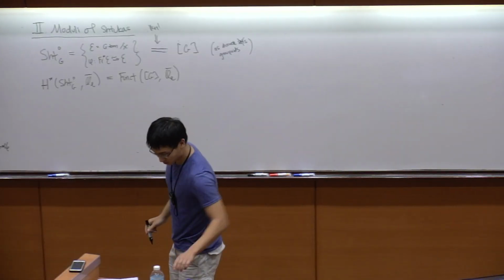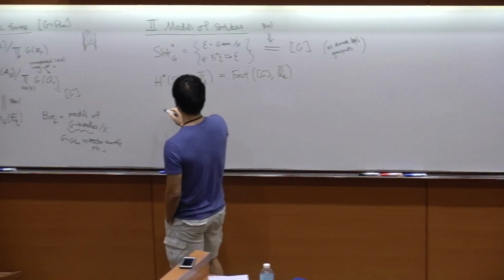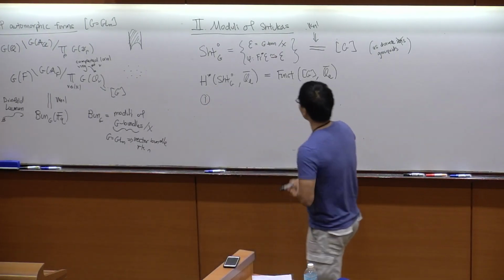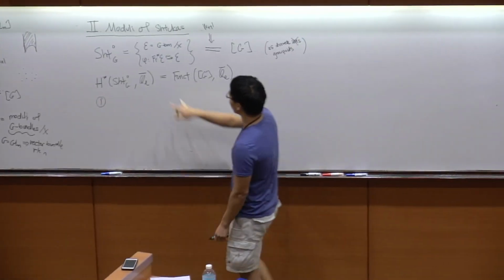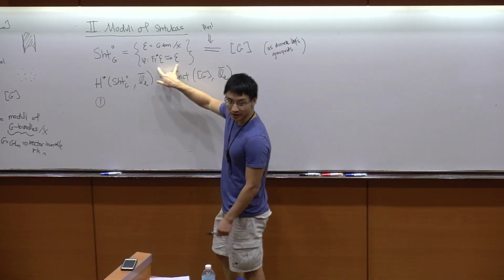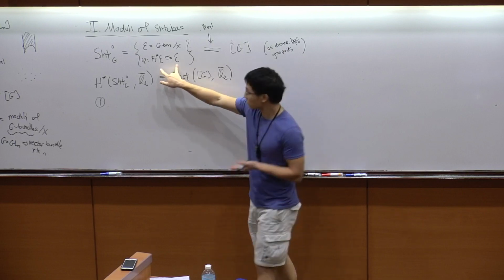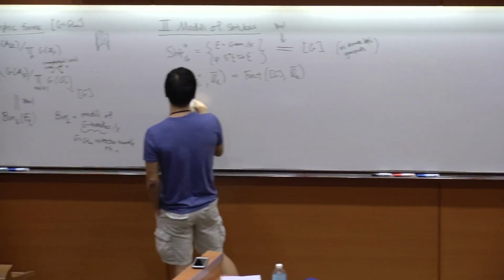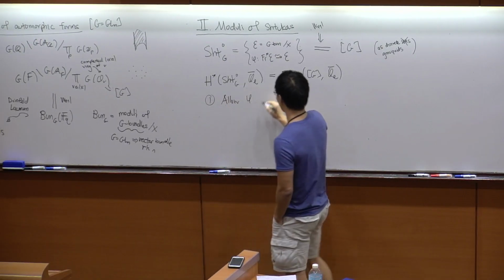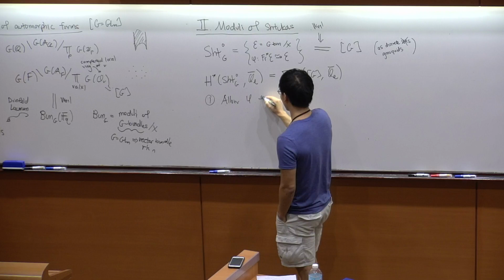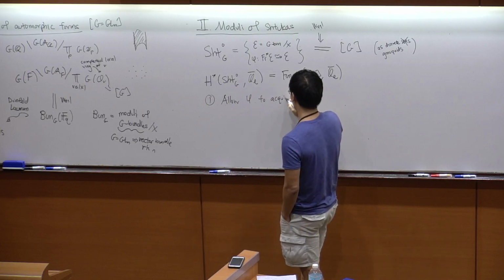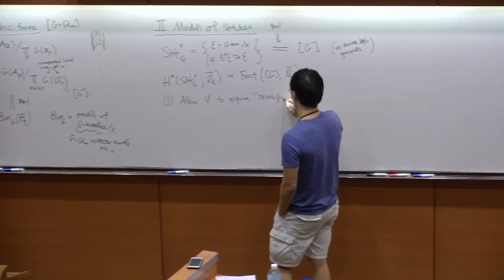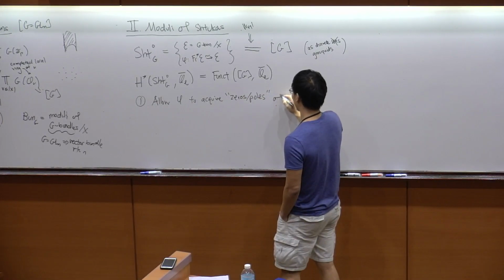So I want to discuss maybe two types of generalizations. And the first one is, here I've required a map to be an isomorphism, and I can instead relax that and allow this map to acquire zeros and poles. So allow phi, which is an isomorphism here, to acquire zeros, poles at points of the curve.